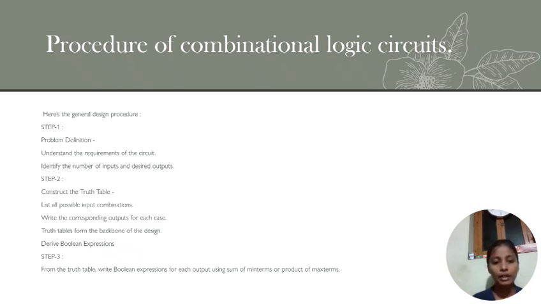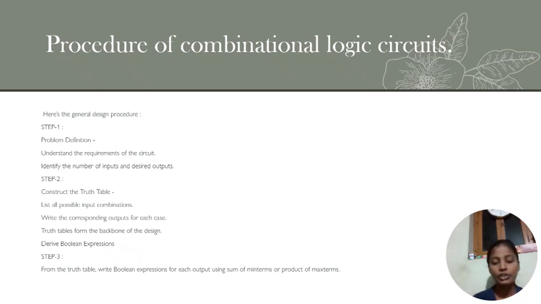Second step, consider the truth table and list all the possible input combinations and also write the corresponding outputs of each case. Truth tables form the backbone of the design.